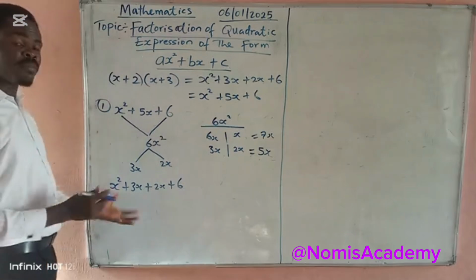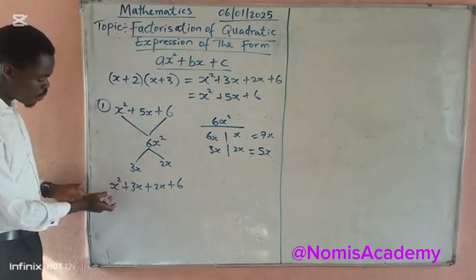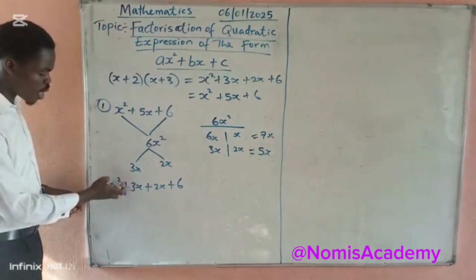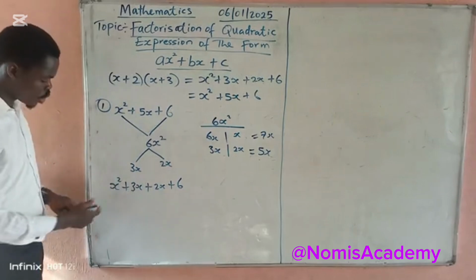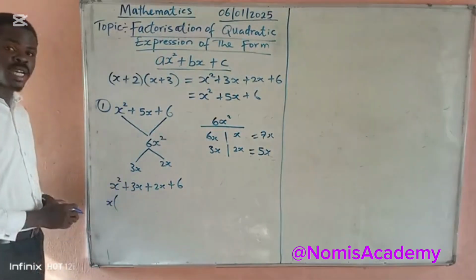Then I'm going to pick the first two and factorize them. You look for what is common between the two terms. X squared plus 3x. What is common? You can see x is common. So you pick out x and enclose the rest in a bracket.